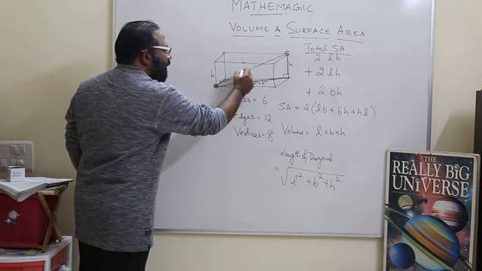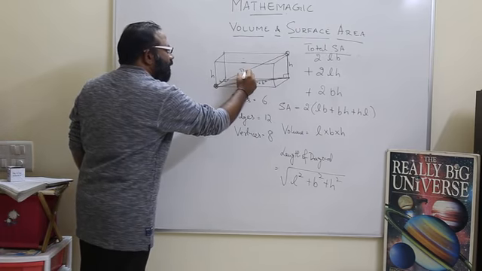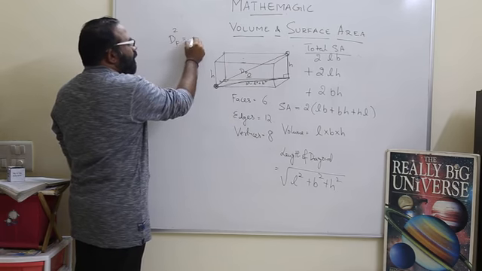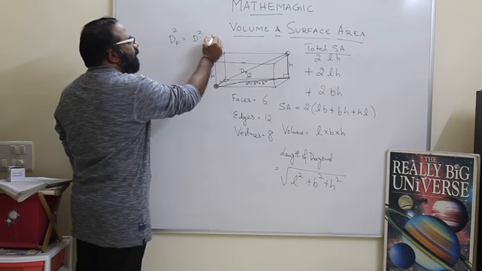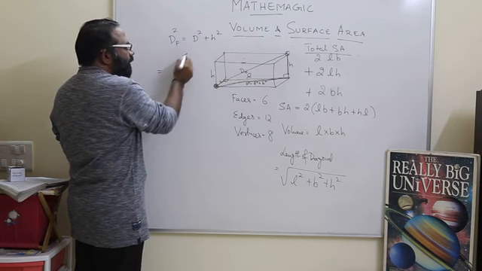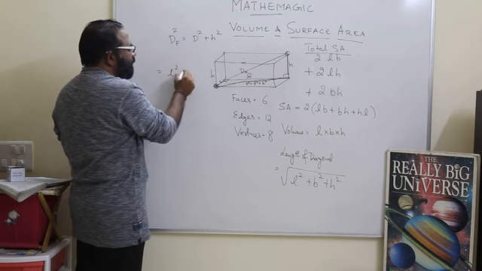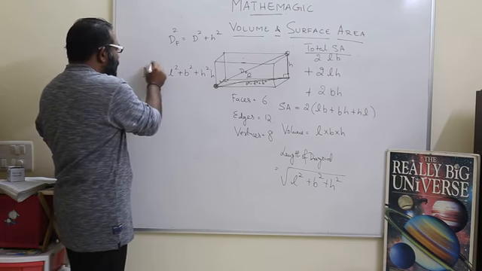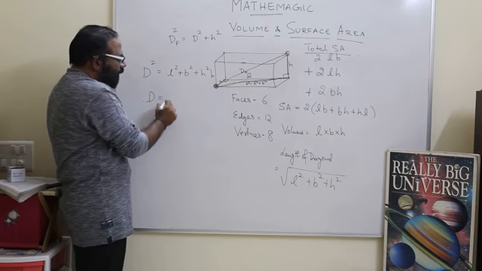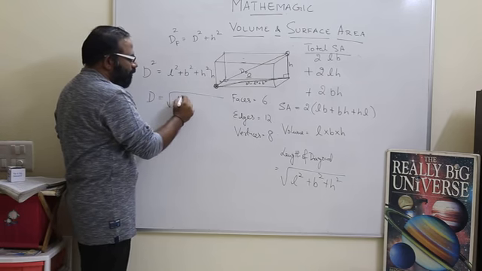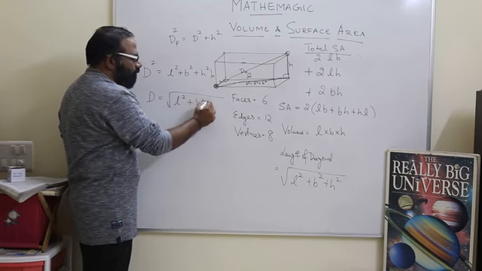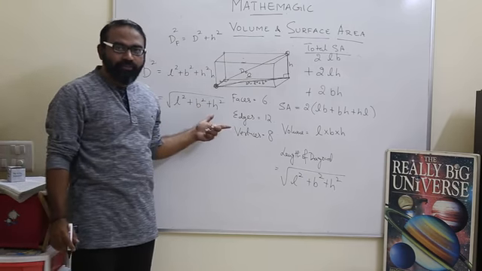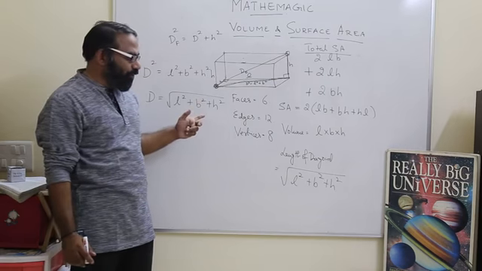The final diagonal D squared would be d squared plus h squared, where d squared is l squared plus b squared. So D squared is l squared plus b squared plus h squared, and D would be the square root of l squared plus b squared plus h squared. So these are the main concepts that you need to keep in mind for the cuboid.